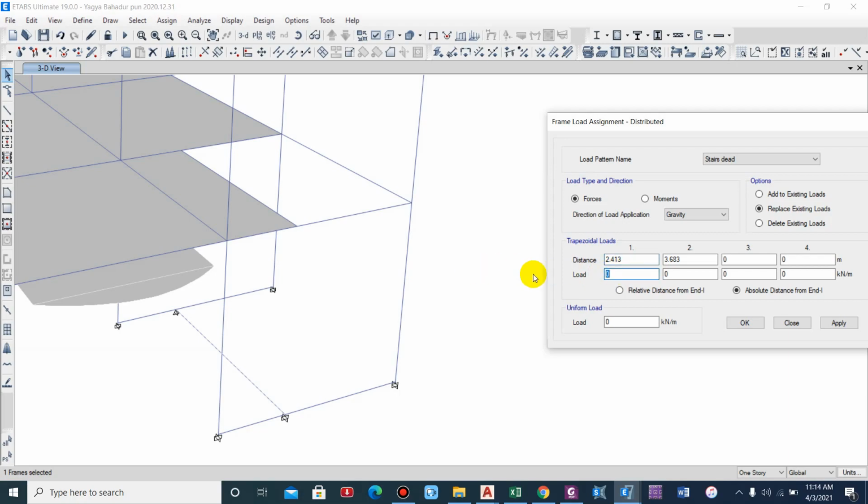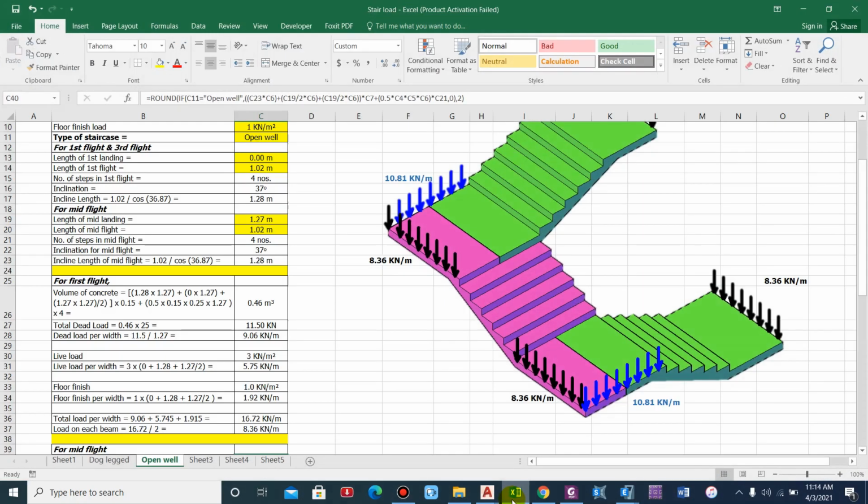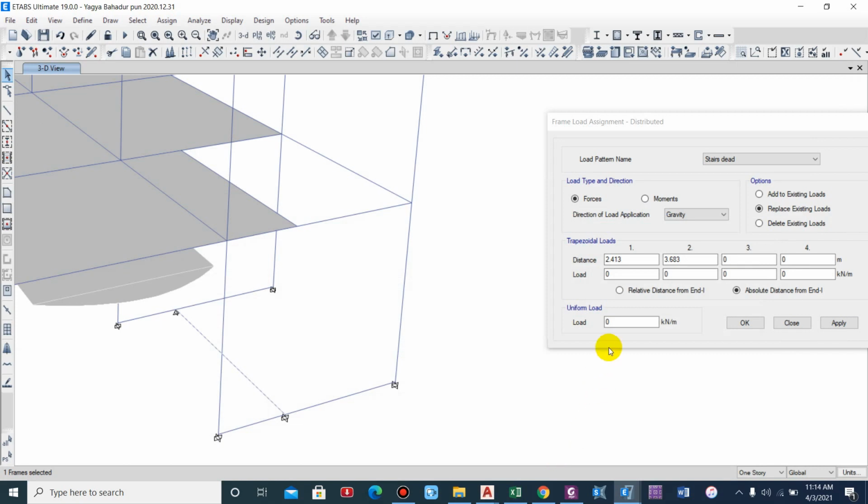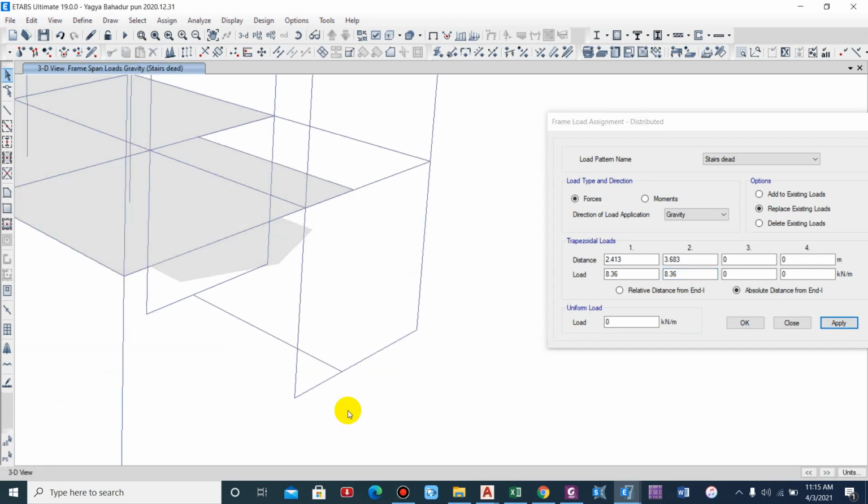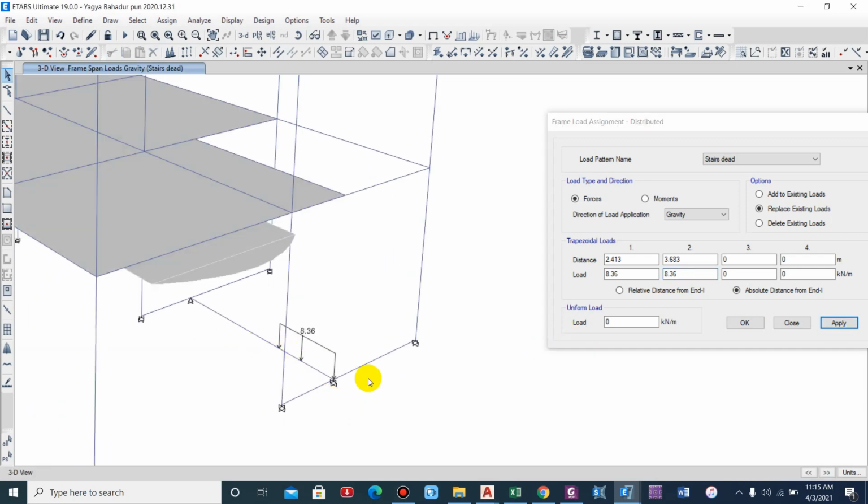I hope you have already understood this point. And the load is 8.36. Apply. So this is the first flight from the plinth beam.